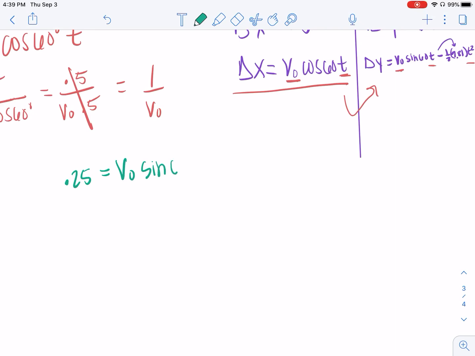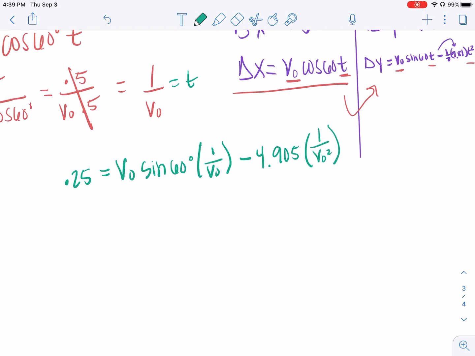Instead of writing t, I'm going to say 1 over v naught, because we just said up here that that's what t is equal to. Minus, well, 1/2 times 9.81 is 4.905. And then instead of t, once again, I'm going to do 1 over v naught squared.